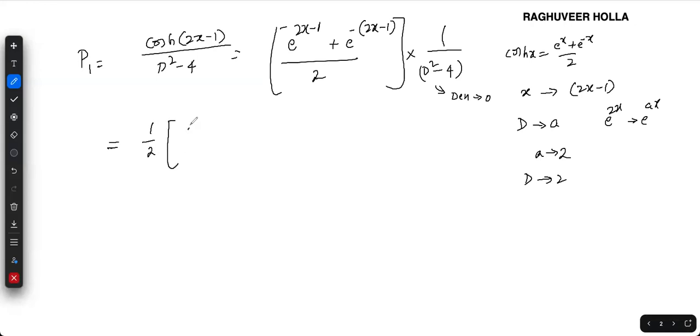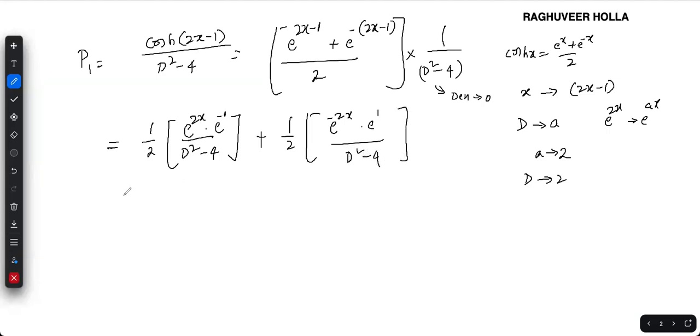So 1 by 2 e to the power of 2x minus 1 divided by D square minus 4, and 1 by 2 e to the power of minus of 2x minus 1 divided by D square minus 4.